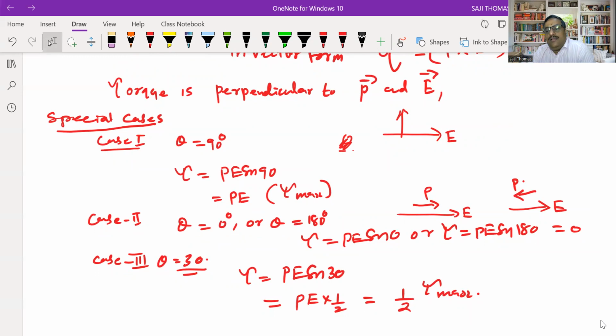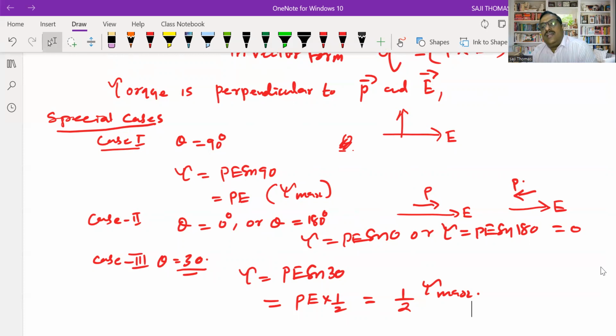When an electric dipole is placed in a uniform electric field, will it experience any force? No, it will not experience a net force. But what will it experience? It will experience a torque. What is the effect of that torque?